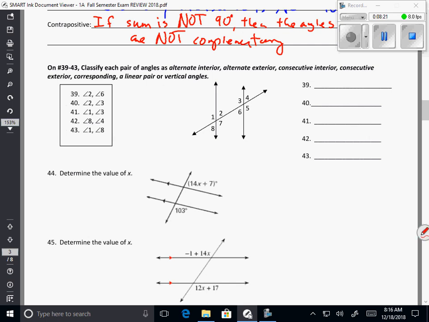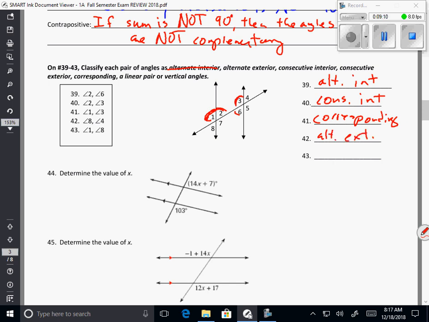39, angle 2 and 6. 2 and 6 are alternate interior. 2 and 3 are consecutive interior. 1 and 3 are both in the left top, so they are corresponding. 42, 8 and 4 are on the outside and on opposite sides of the transversal, so that would be alternate exterior.